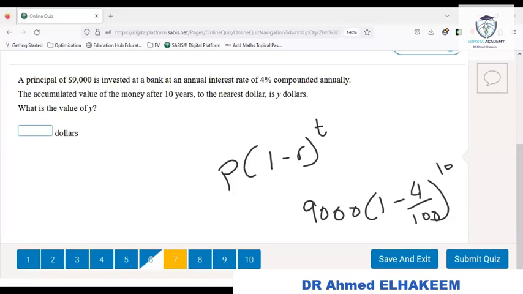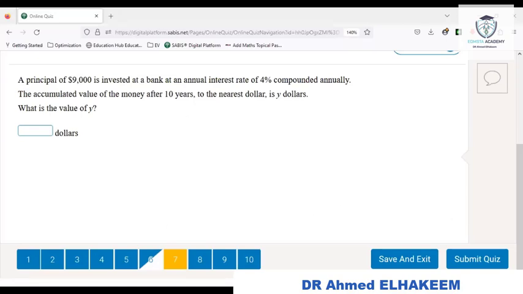Oh no, plus, not minus. It's 1, 3, 3, 2. Very good. You just substitute this on your calculator and you find this number.